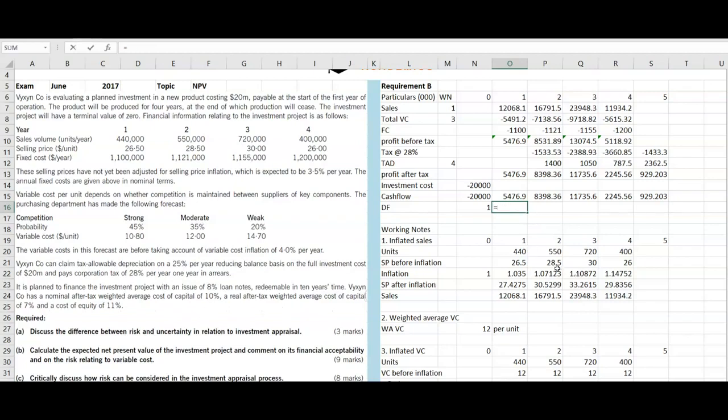So the formula would be equal to 1 divided by 1.10 to the power of the year. So we'll get the answer. Now as it is a reference, it would give us the discount factor. We'll push the other numbers down.